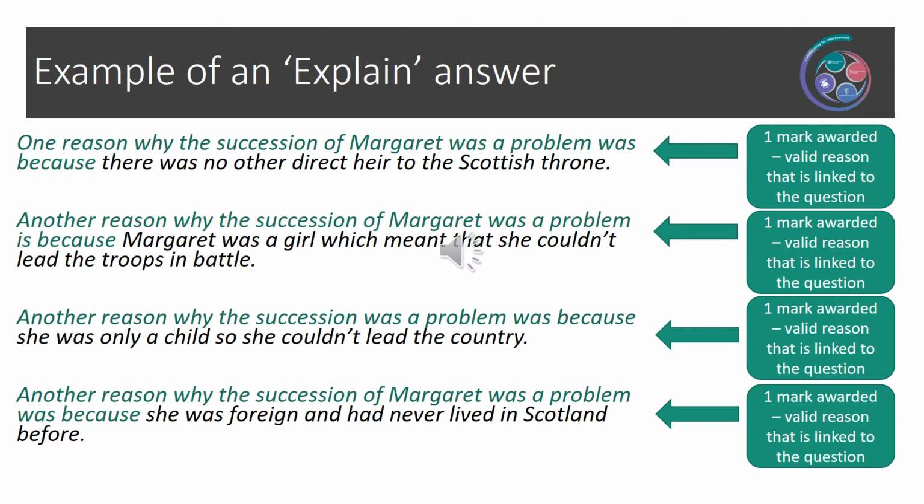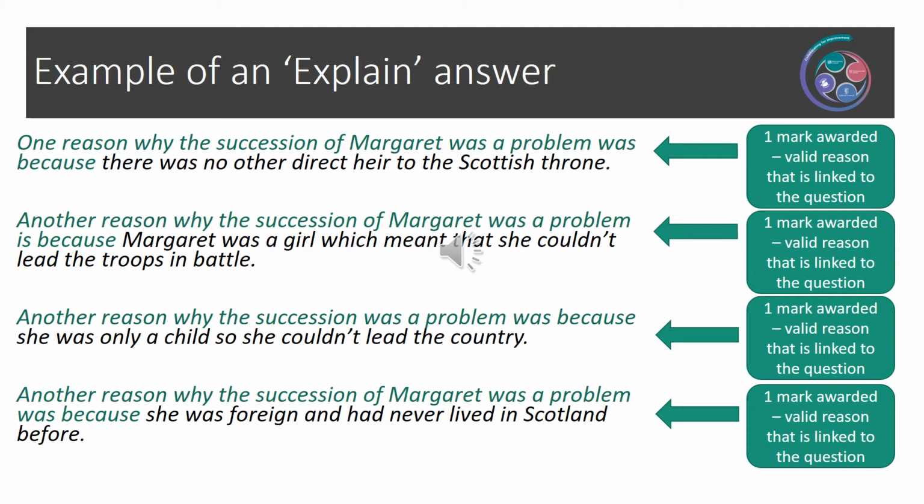For that first sentence, 1 mark was awarded because a valid reason has been given that's linked to the question. The same applies to the rest of this answer. The second sentence, another reason why the succession of Margaret was a problem, there's the link to the question, is because. That indicates an explanation is going to follow.